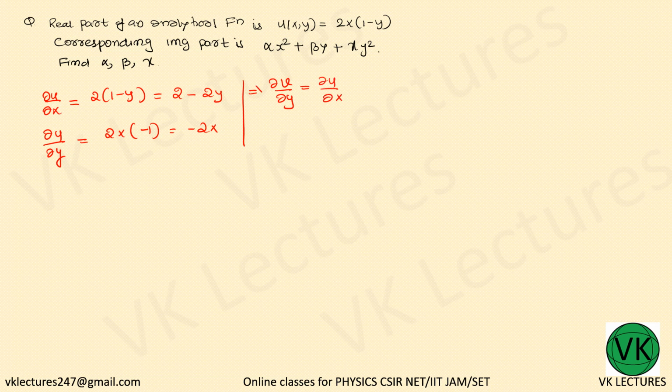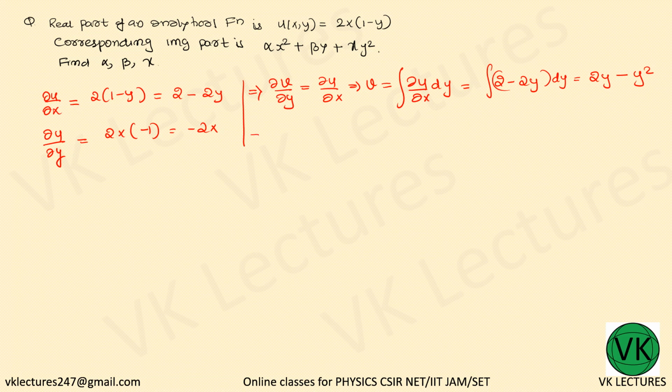Now from here v is equal to integral of ∂u/∂x dy, that's equal to integral of 2 minus 2y with respect to dy, that's equal to 2y minus y squared.